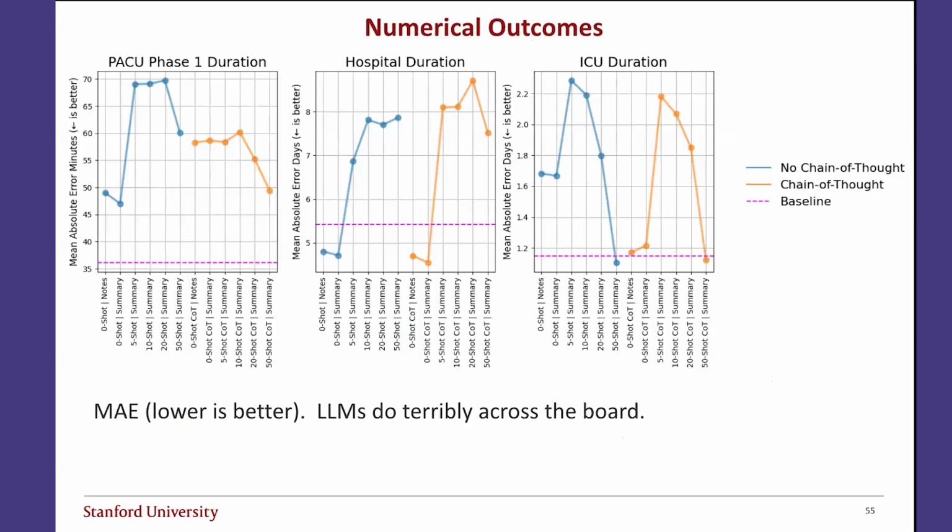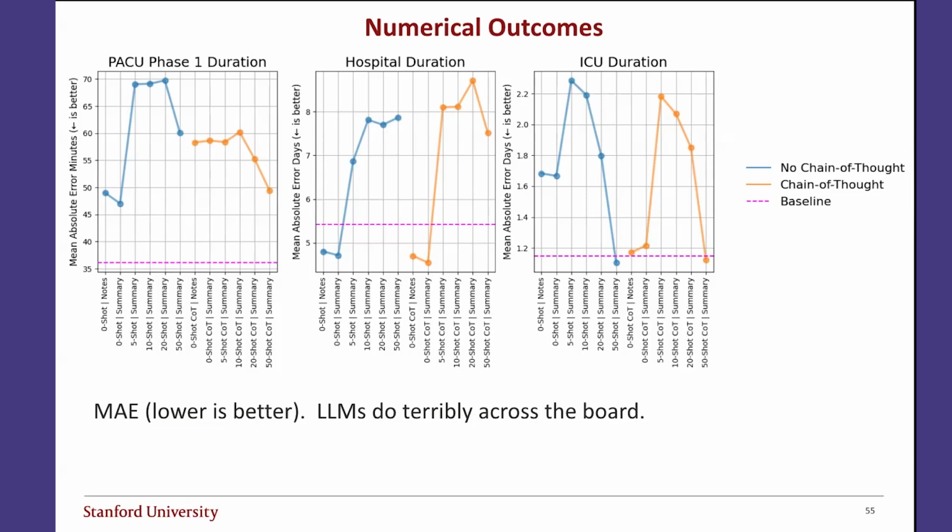Now, when we look at the numerical outcomes, for these, we predicted PACU phase 1 duration, which is how many minutes a patient is going to stay in the recovery area after surgery, hospital duration if a patient was admitted, and also ICU duration. Those are measured in days.